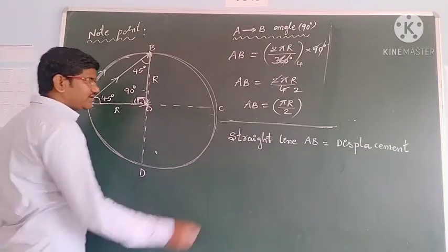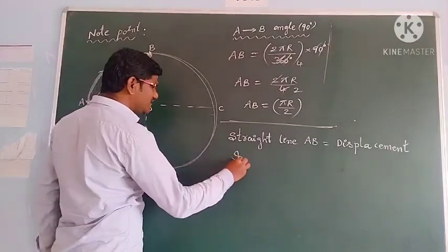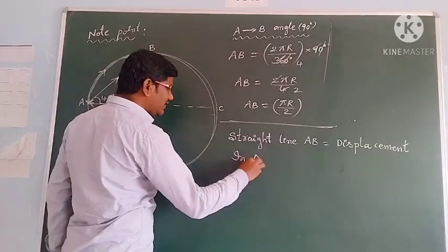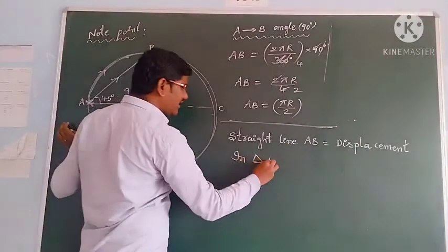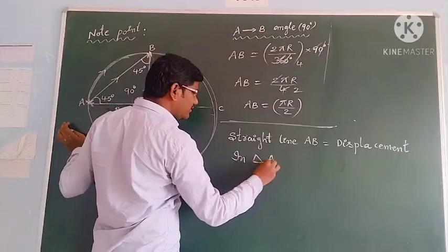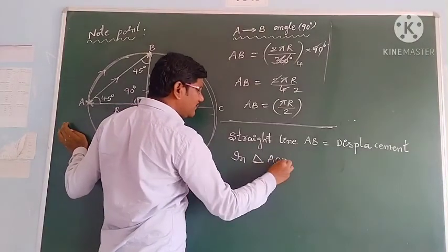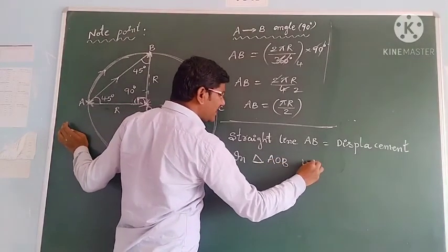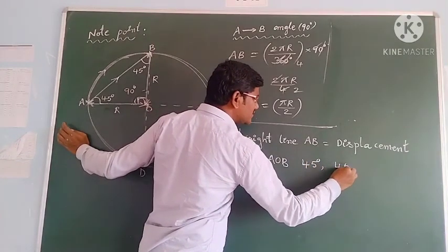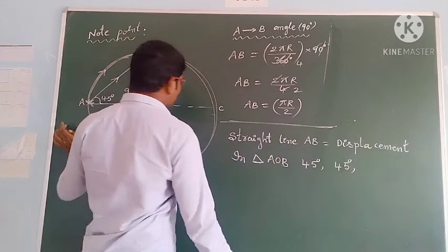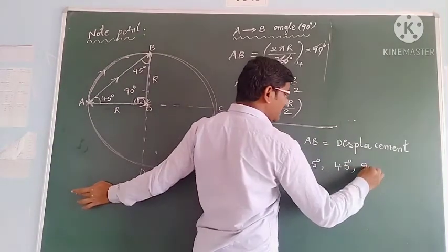In triangle AOB, what are the angles? We have 45 degrees, 45 degrees, and the next one is 90 degrees.